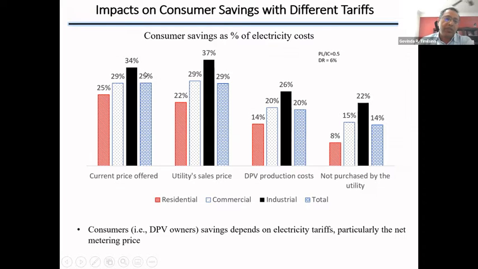So basically, the size of the benefits is about 30% of their total electricity bill.